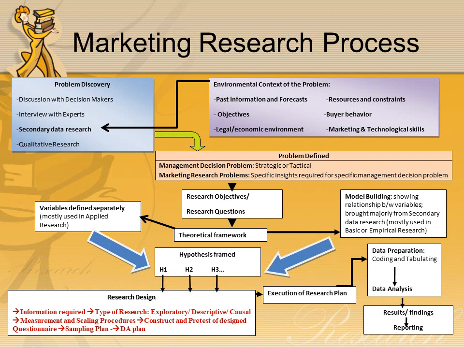Then measurement and scaling procedures, which will be discussed in a separate session. And then construct and pre-test of questionnaire designing, sampling plan and data analysis plan. These are all the 6 to 7 components of research design. And executing the research plan, data preparation which includes coding and tabulation, data cleaning, data analysis, research findings and reporting. These are the various steps of the research process.